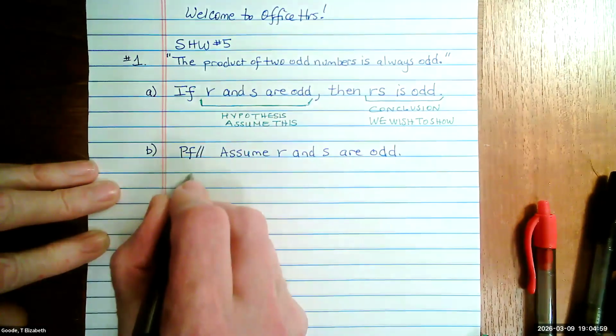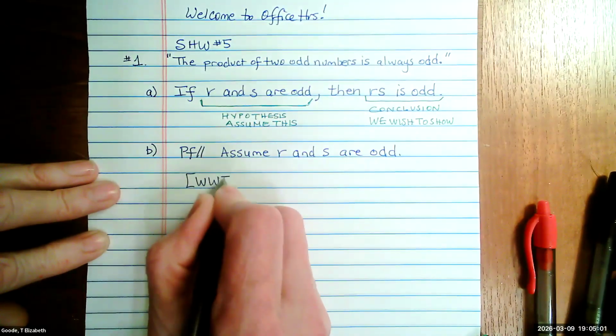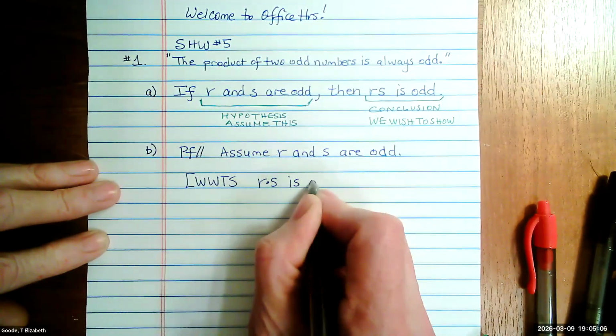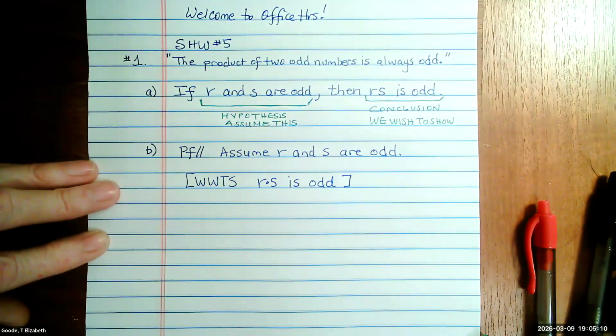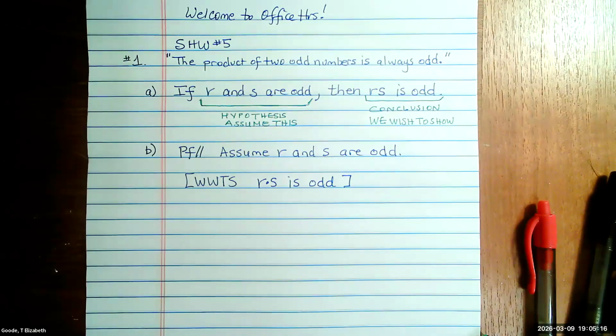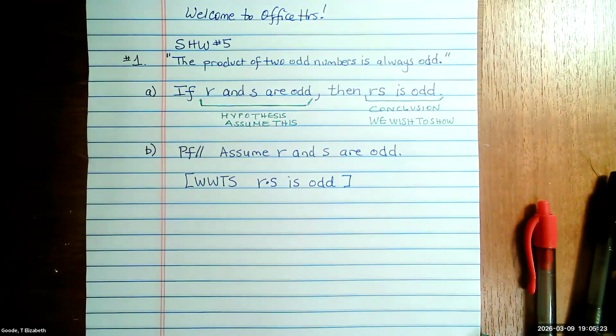And then we can use our thinking notes. We wish to show R times S is odd. Does that make sense? Yeah. I think you can do it now, right? Because you know the definition of odd. Yes. And so, how many parts to the definition of odd? Two. Good. Very good.